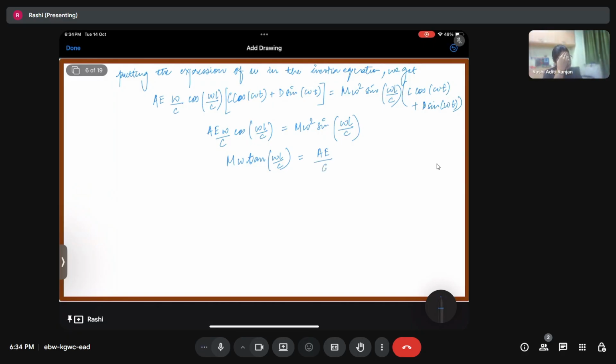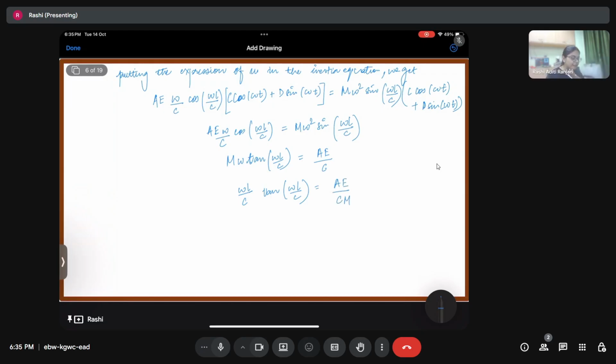AE by C. Now you know what is C? C was nothing but under root of E by rho, right? So if we wanted to convert it in that form, we can do it. Then it will be something like omega L by C, tan of omega L by C is equal to AE by C into M.